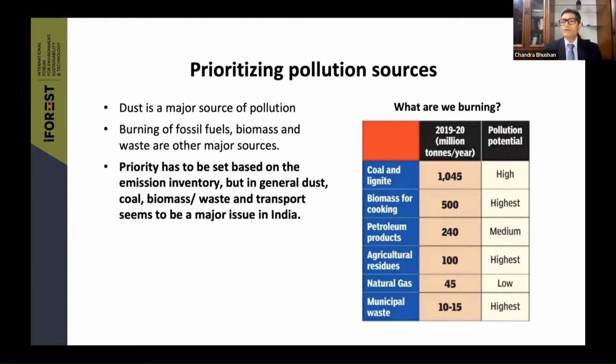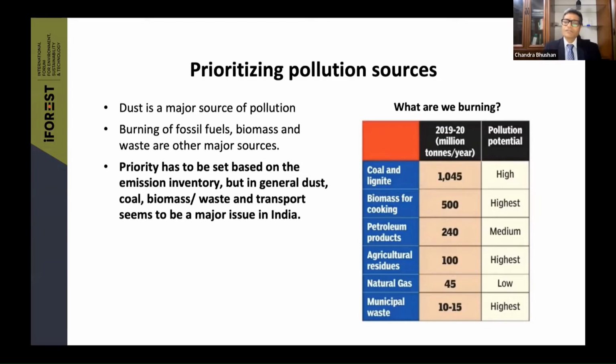We are burning about 1 billion tons of coal, 1,000 million tons of coal. We burn about 500 million tons of biomass. We burn about 240 million tons of petroleum products, which go into automobiles and petrochemical industries. We burn 100 million tons of agricultural residue. We burn 45 million tons of natural gas.